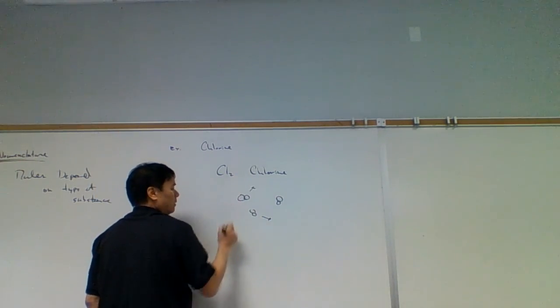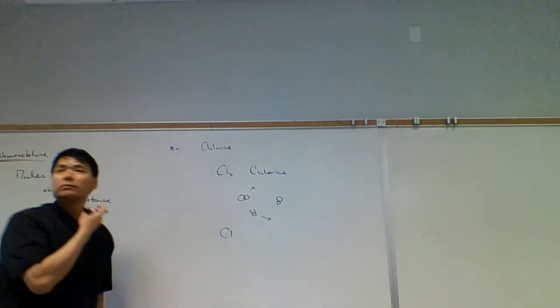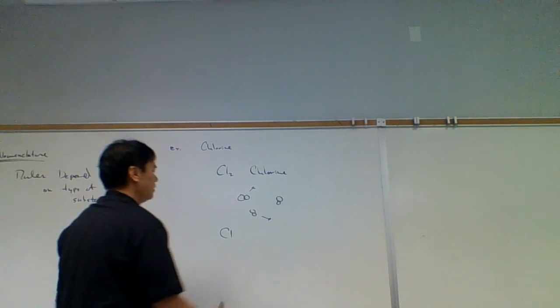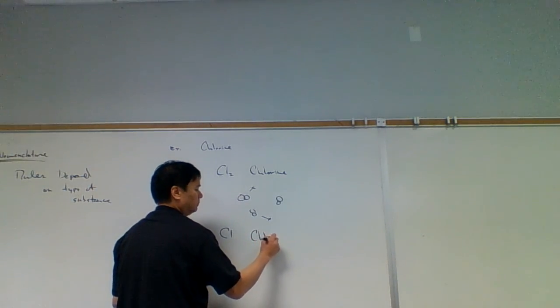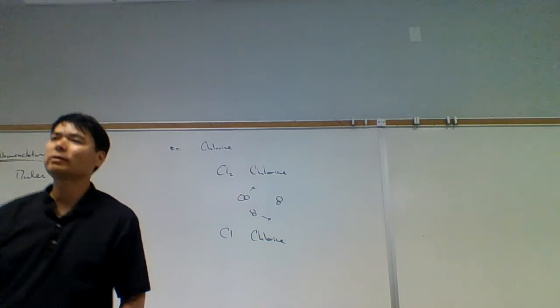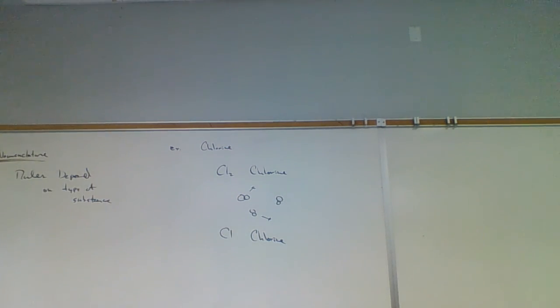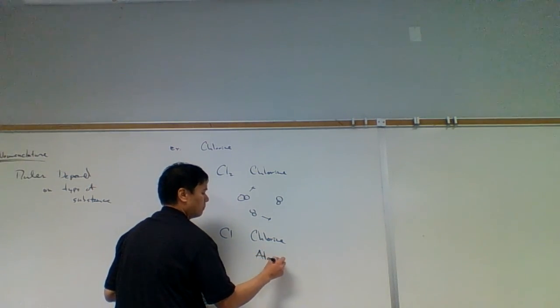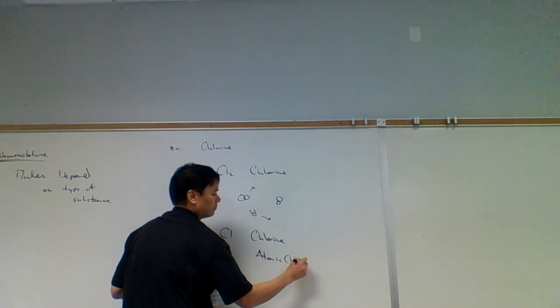So what happens when we have Cl though? What do we call Cl? We also call Cl chlorine. And so both of these are called chlorine. Well, which one is which? Sometimes with Cl we'll call this atomic chlorine, but sometimes we won't.